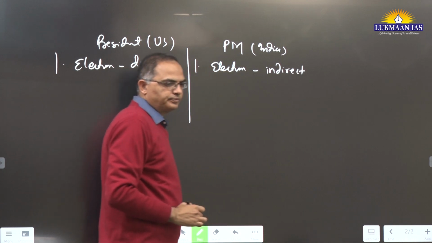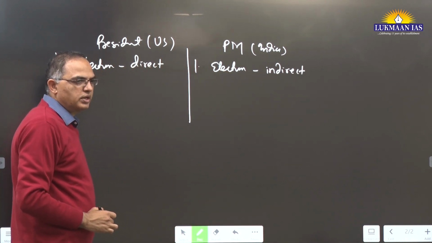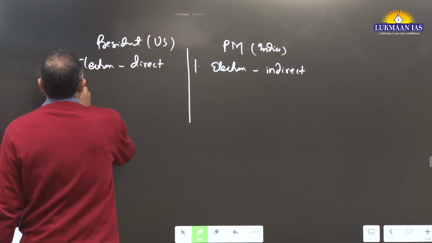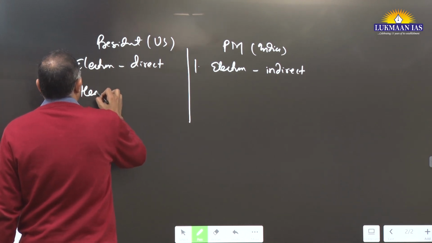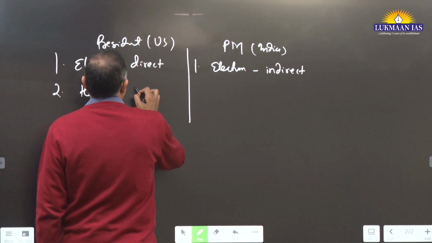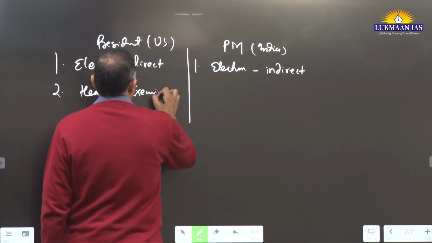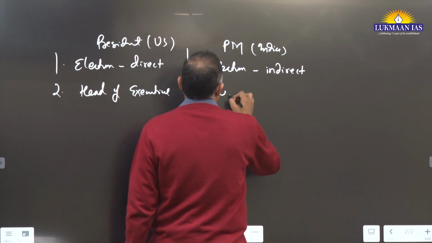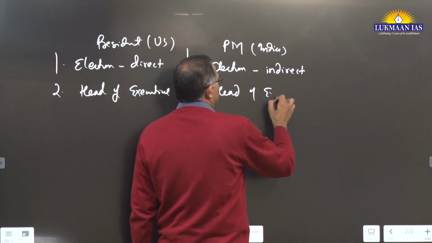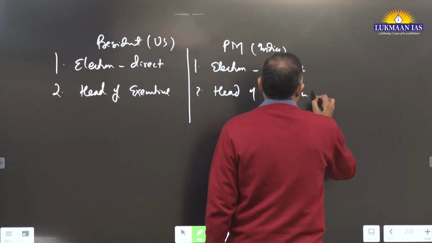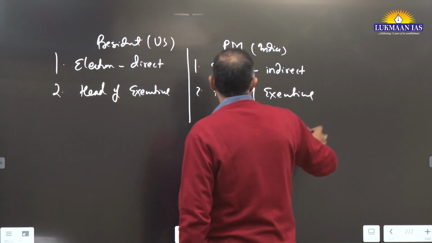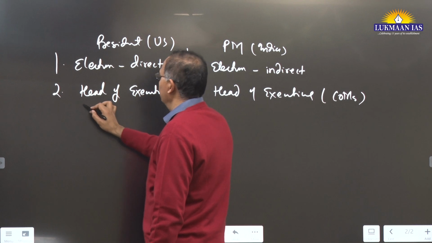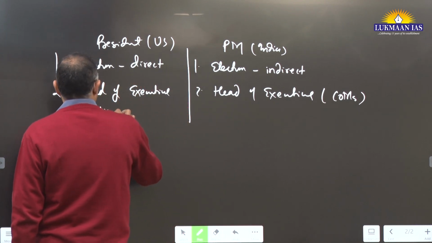You should know that the election is indirect. Then the head of executive, that is called Council of Ministers. Here it is called cabinet.